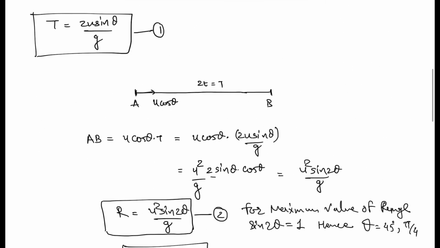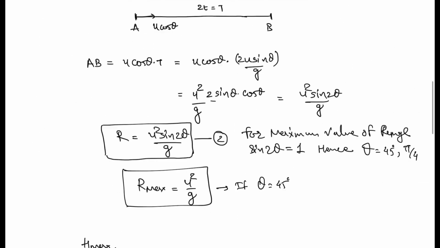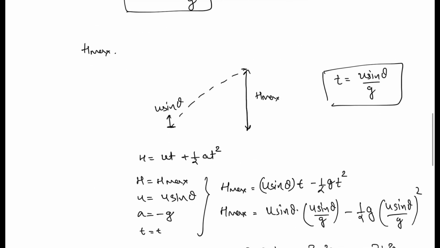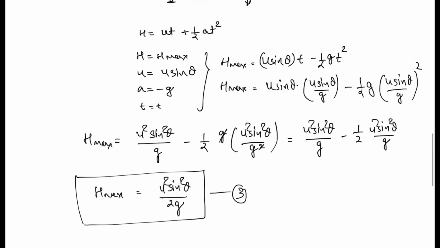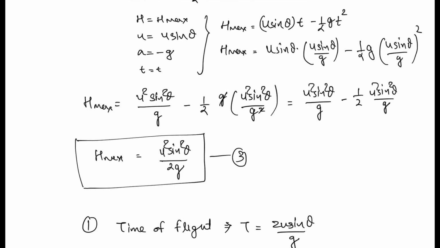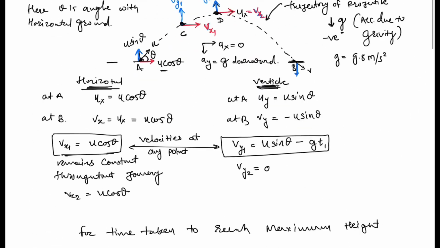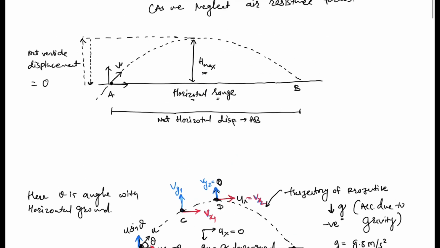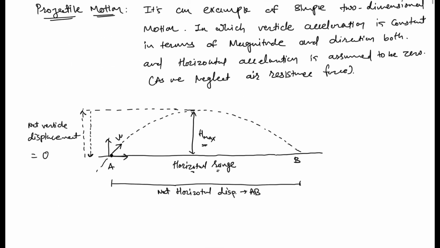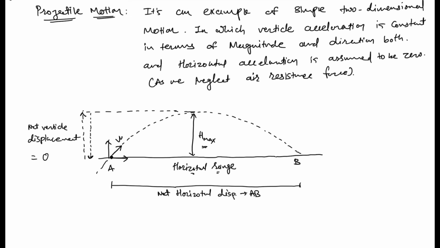By putting the total time of flight into the horizontal direction we get the range, and for maximum height we also get the solution. So you have to remember all these steps. Okay, so this was an example and explanation of projectile motion. Later we can discuss questions related to this topic.